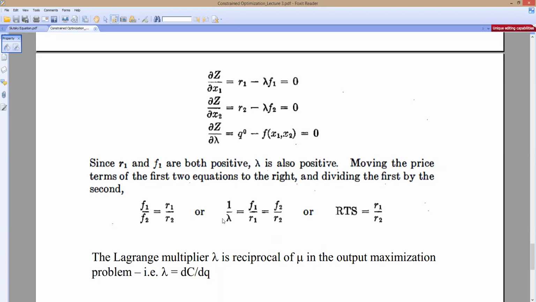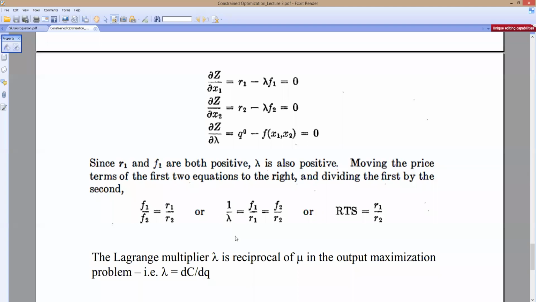In the earlier case, you got mu is equal to f1 by r1 is equal to f2 by r2. And here you are getting 1 by lambda, that is 1 by mu kind of thing, is equal to f1 by r1 is equal to f2 by r2.